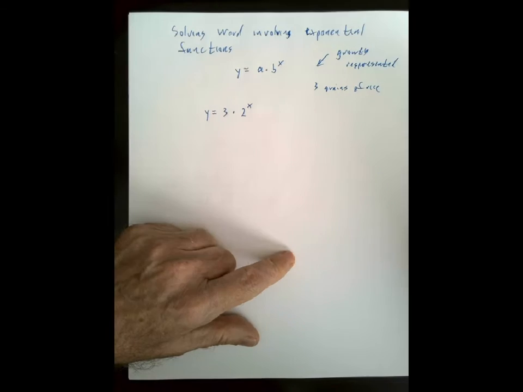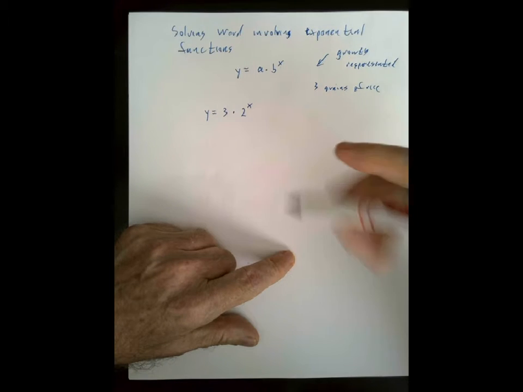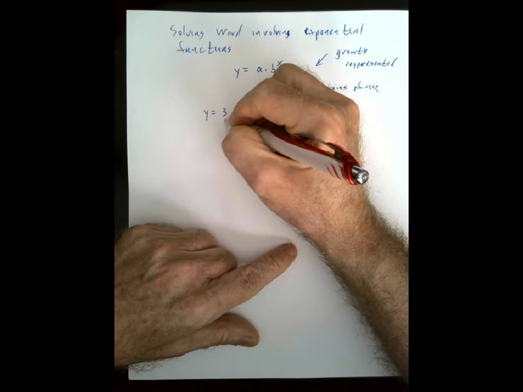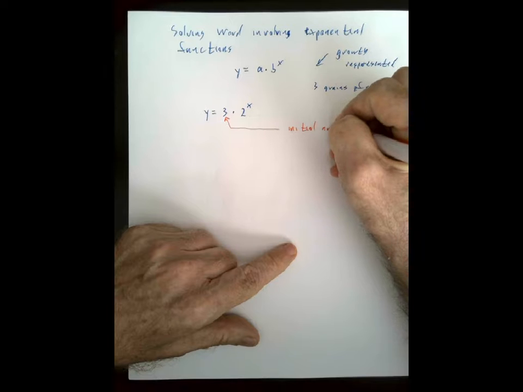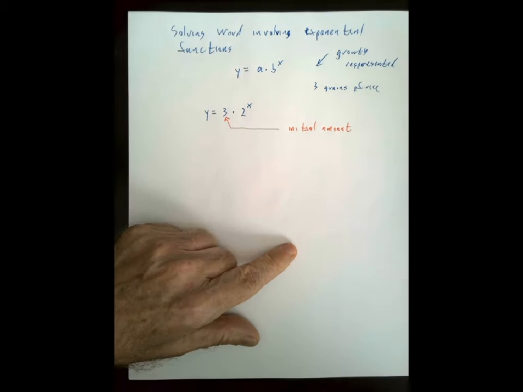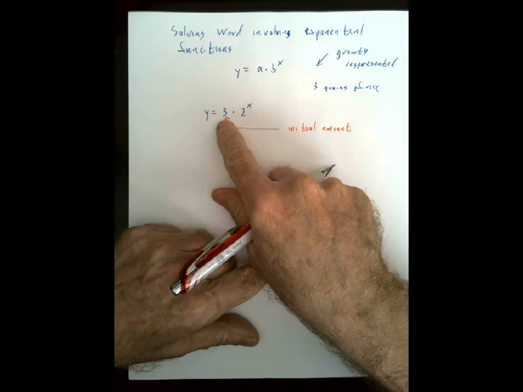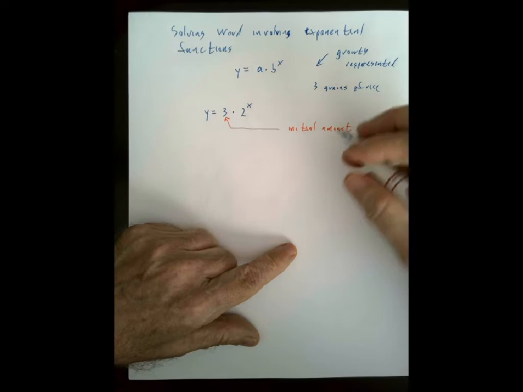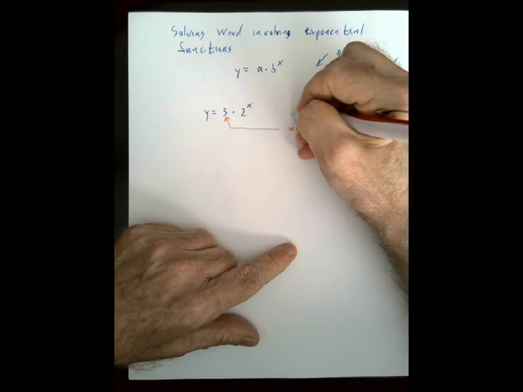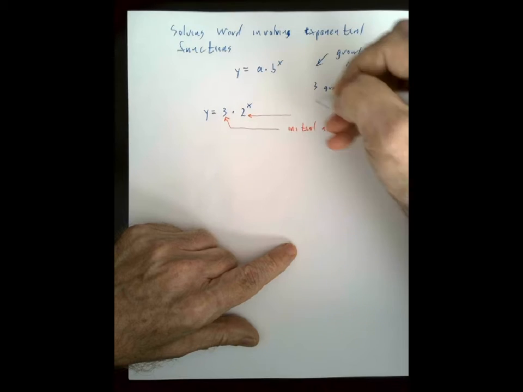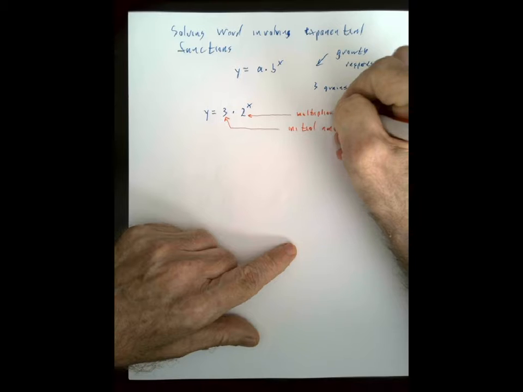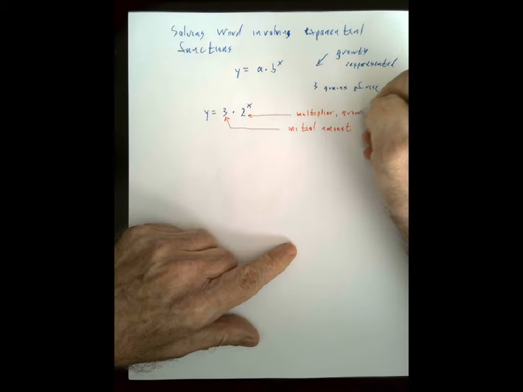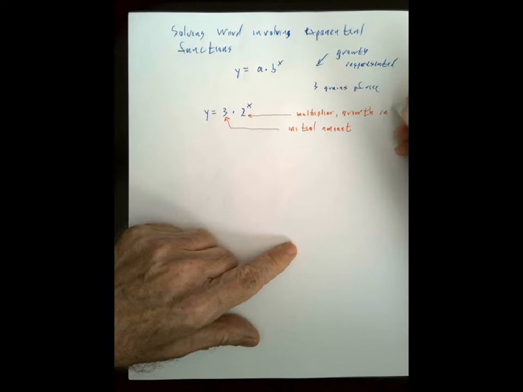And in this formula here, 3, that was the initial amount. So if we'd started out with 10 rice grains, there would be a 10 there instead of 3. And then the 2, which was the exponential base, that was the multiplier, or really the growth rate.